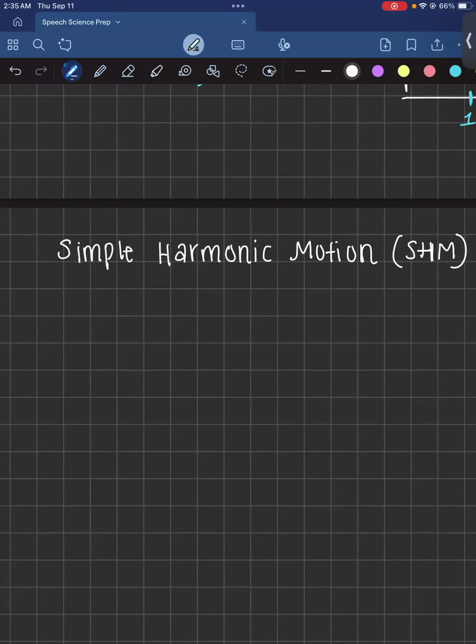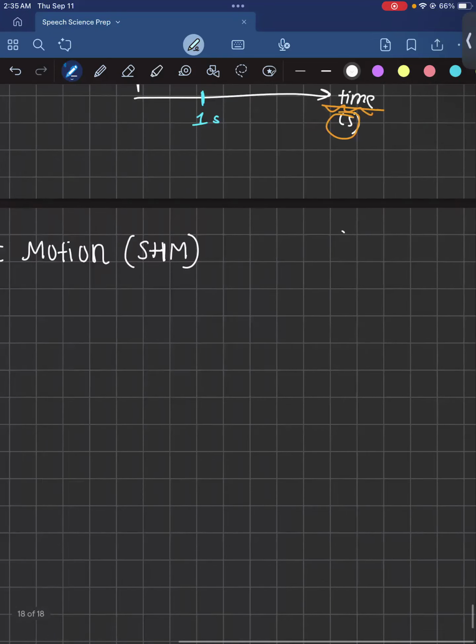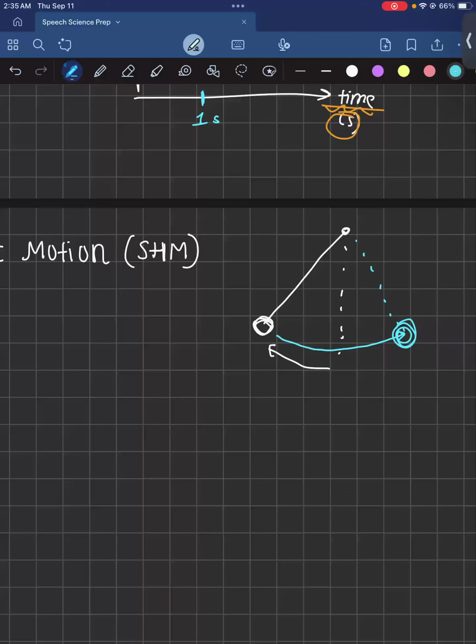So simple harmonic motion, basically, let's say we have this pendulum or like a swing and we have a ball attached at the end and we bring it up from equilibrium, this certain amount. And basically when we let it go, what the pendulum will do is it'll swing all the way to kind of this opposite position. And so this is basically the initial displacement.